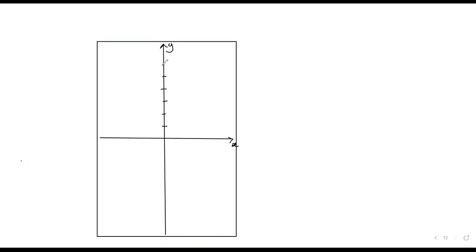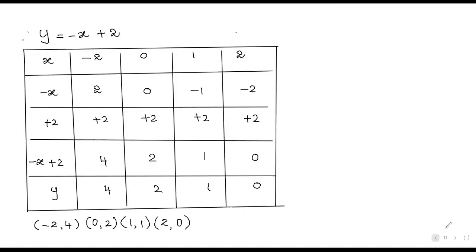Now I don't want to explain, you just see what I'm doing. What are the coordinates?